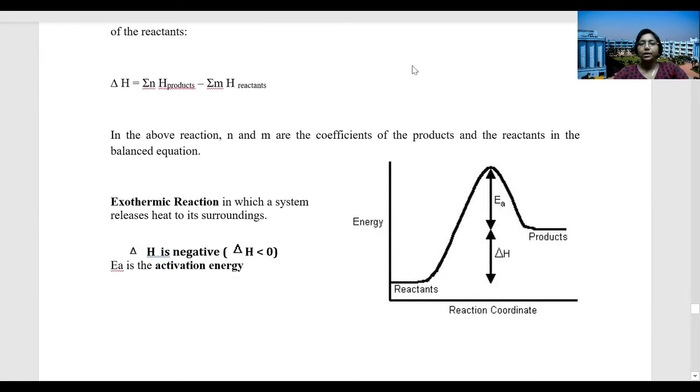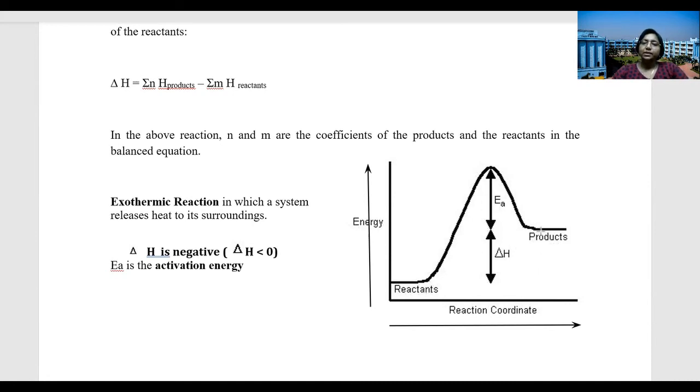First you are drawing the reaction coordinate. Okay, that is the reaction coordinate, and here it is the energy level. Now, the enthalpy of the product minus the enthalpy of the reactant.